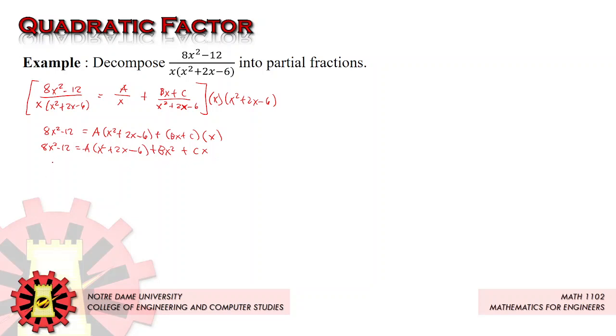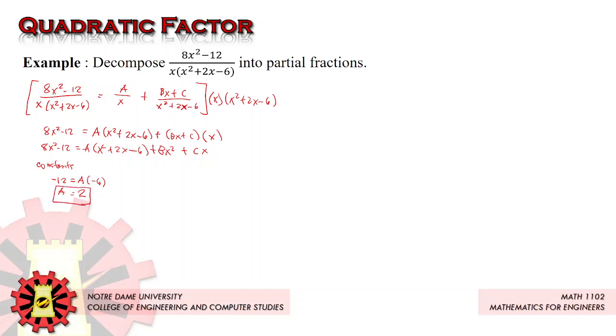So, we could immediately say, taking the constants, our constants here are negative 12 on the left-hand side. On the right-hand side, we have A times negative 6. Nothing in B and nothing in C. Therefore, A is simply, divide both sides by negative 6, that will give us positive 2.